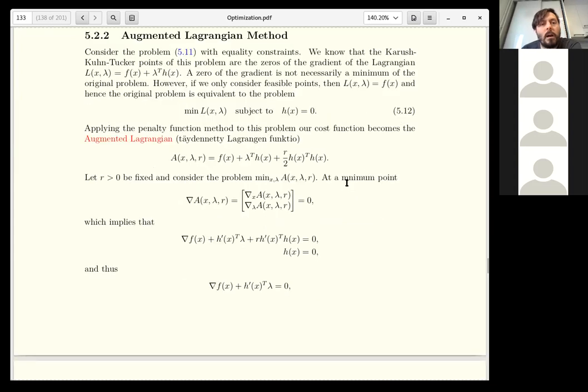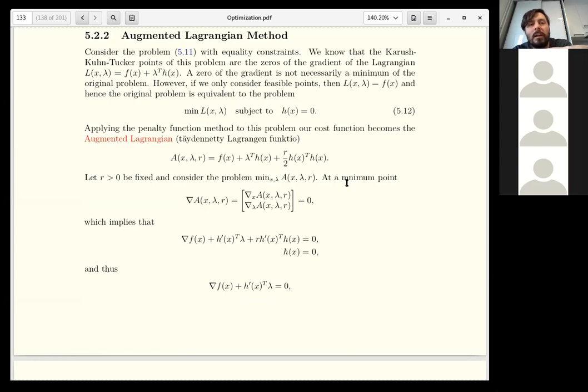Here's another situation, the so-called augmented Lagrangian method. Not going to go into detail in here. This is again a possible thing that we can do for the modeling exercise, or the project work, if you want to work on this. I'm not going to talk about the augmented Lagrangian. You know that it exists.